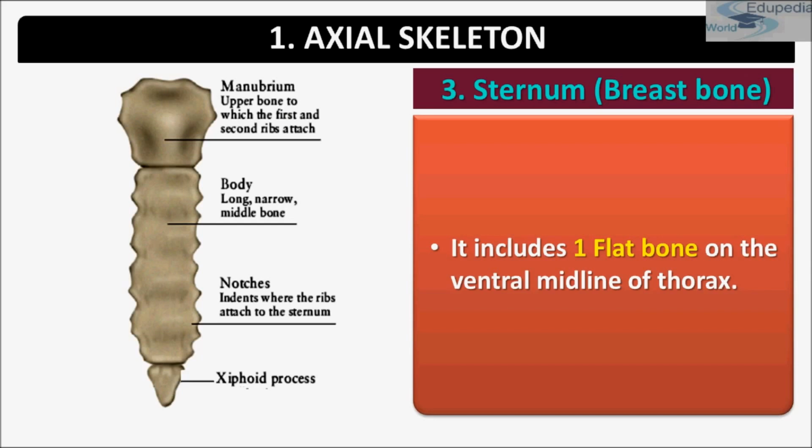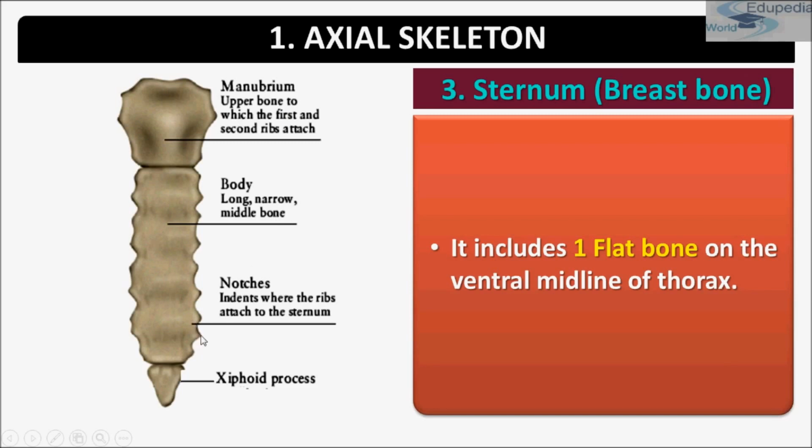It is about 15 centimeter long, and the main parts are your manubrium. This is the manubrium, which is the upper bone to which the first and second ribs attach, and then comes your middle body, which is of course the largest part of the sternum, and it is long, narrow, and the middle bone.